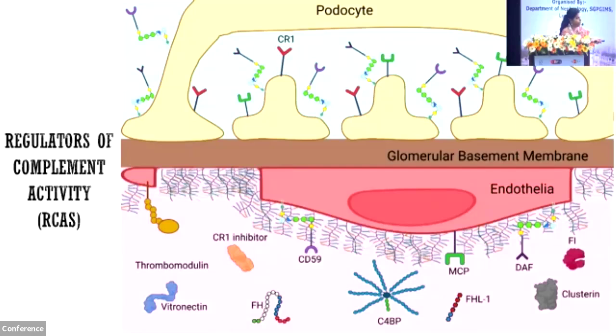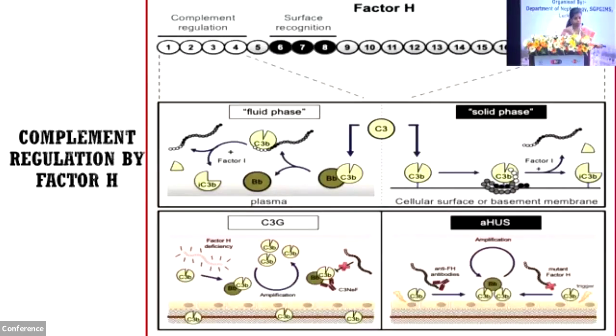In atypical HUS, we need to know that these are abnormalities usually of the complement cascade. There are complement regulatory proteins, which can be either membrane bound or they can be in the circulation. As alluded to previously, especially in the case of factor H, if it is a C-terminal abnormality, it relates to a membrane-bound abnormality.